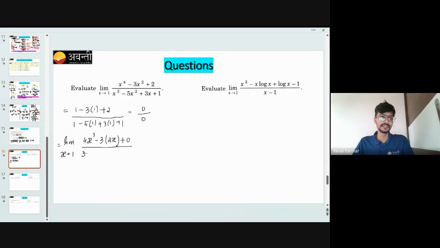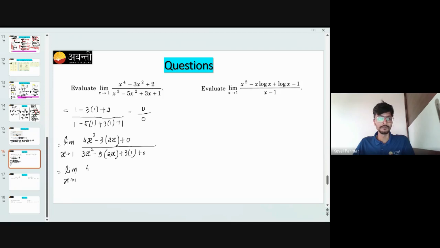Derivative of x cube is 3x square minus 5 as it is, derivative of x square 2x plus 3 as it is, derivative of x is 1 and derivative of 1 is 0. Okay, already someone said in the comment, very good, the answer. So now let us look how the limit will look after simplification.